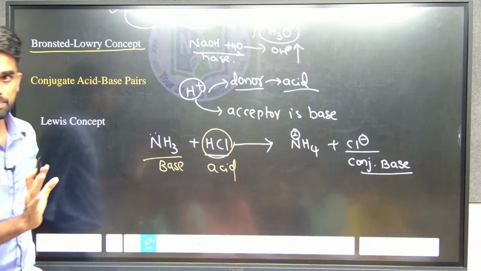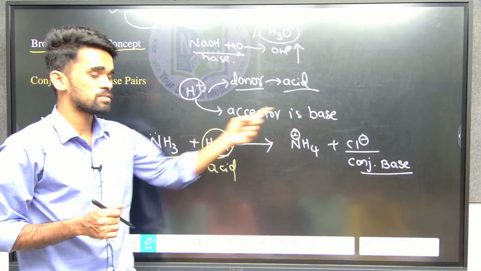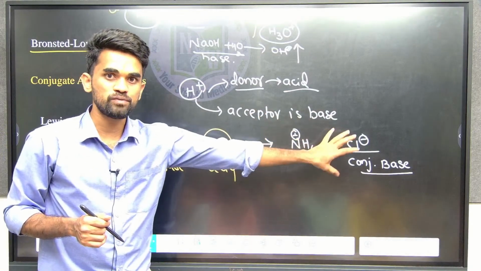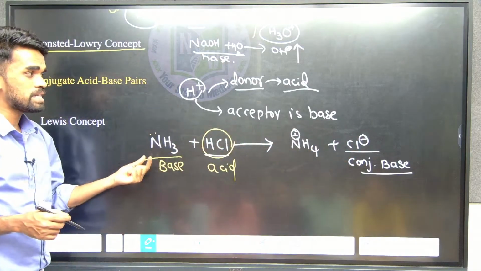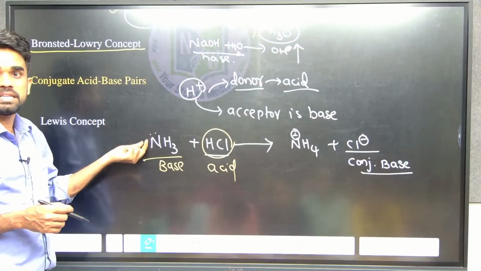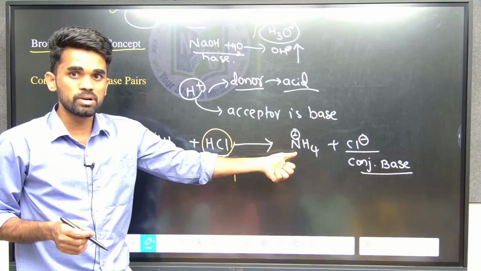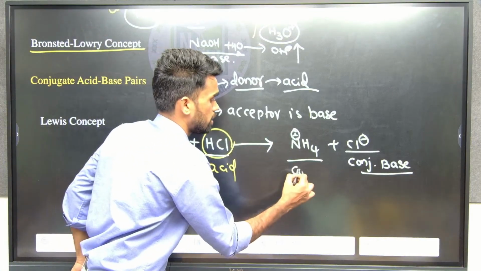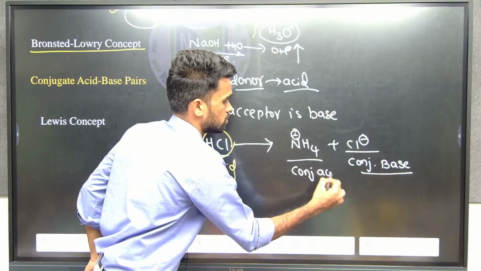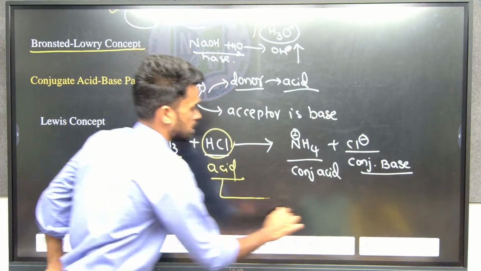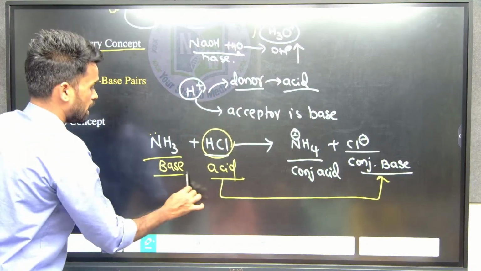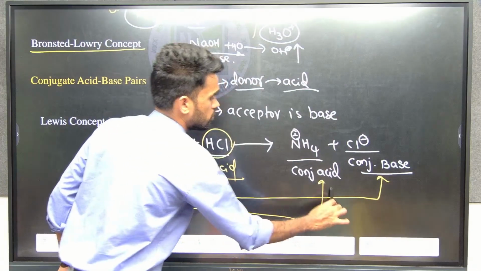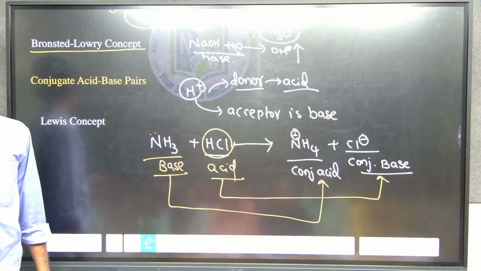Once again, acid after releasing H plus, the negative part formed is called the conjugate base. Base after accepting H plus, positive charge is formed, that is called the conjugate acid. Acid after releasing a proton forms a conjugate base. Base after accepting a proton forms a conjugate acid.